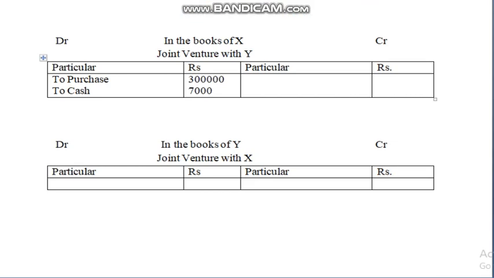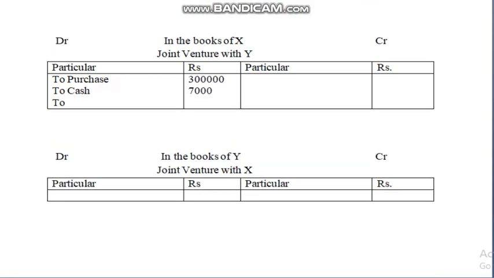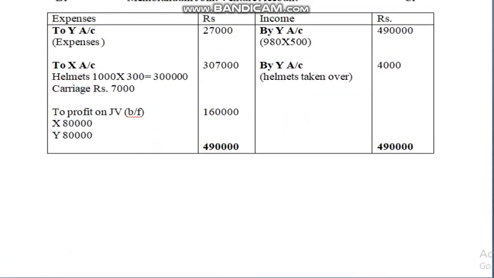So here to profit and loss, 80,000. And in credit side, by Y account. So there are no other transactions which were relating to X. So the X account is over.